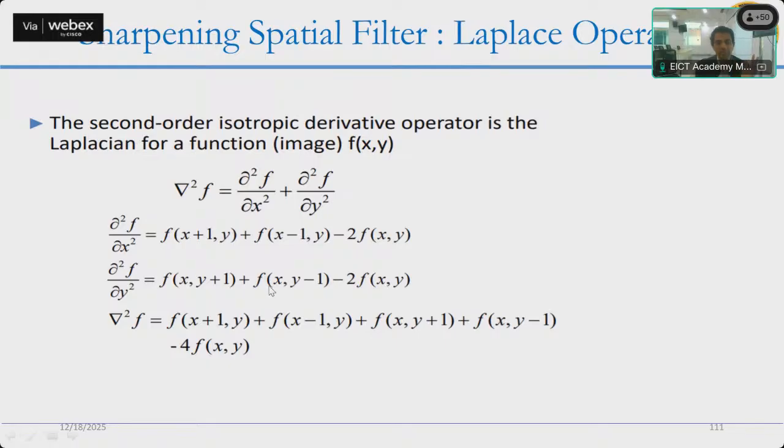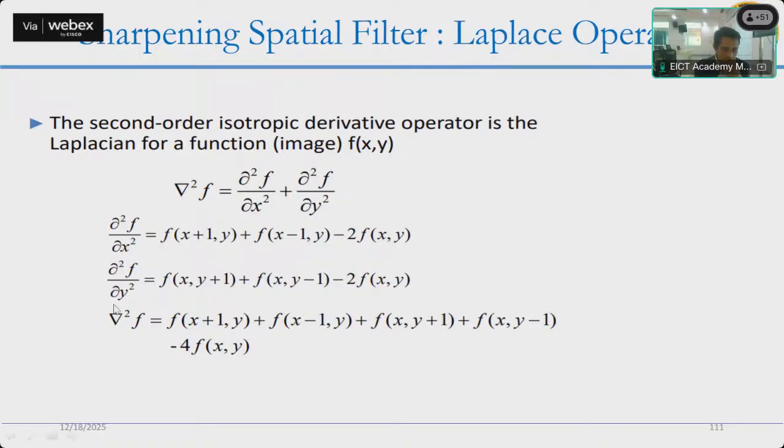It is saying that we take the left-hand element and the right-hand element, add them up, and then subtract double of the center value. In the case of y, you take the upper element and the lower element, add them up, and subtract double the value.